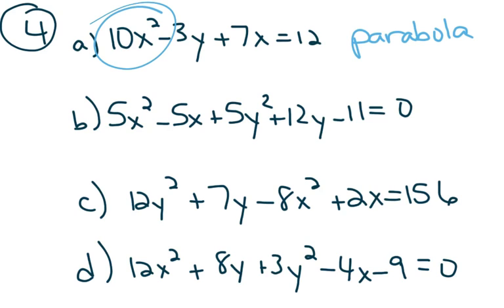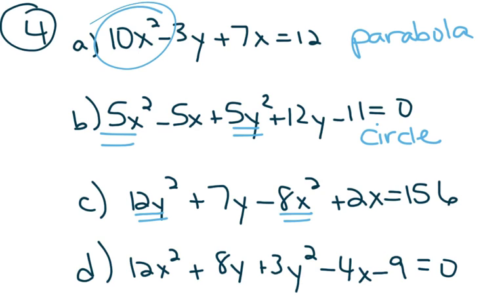Look at part B. Only focus on the square terms. I want you to notice that x squared and y squared have the same coefficient. If they're both positive and they both have the same coefficient, it's a circle. In problem C, when I look at my square terms, I want you to notice that they're opposite signs.